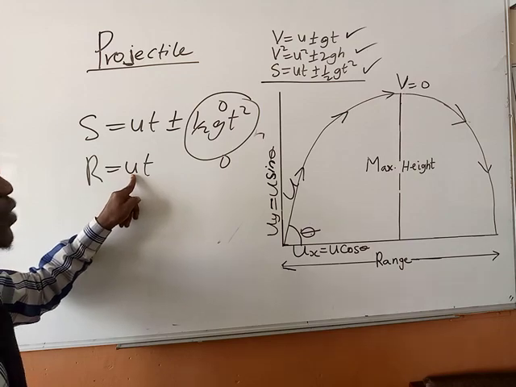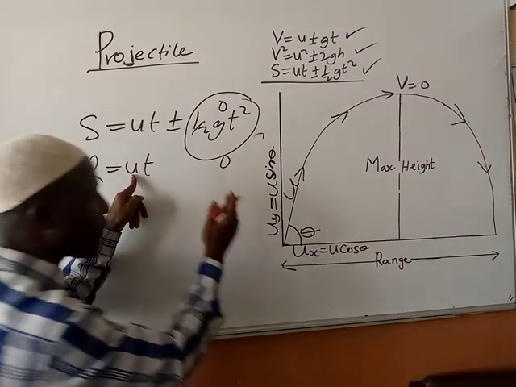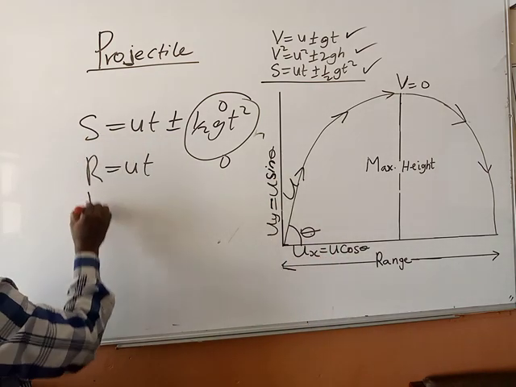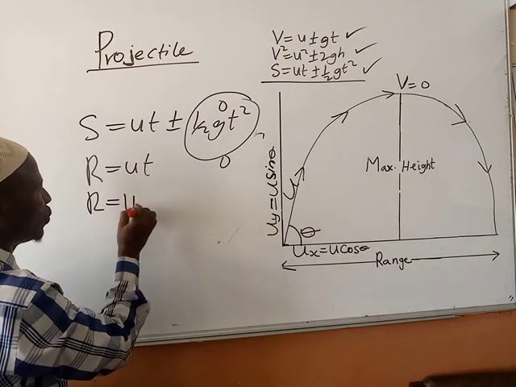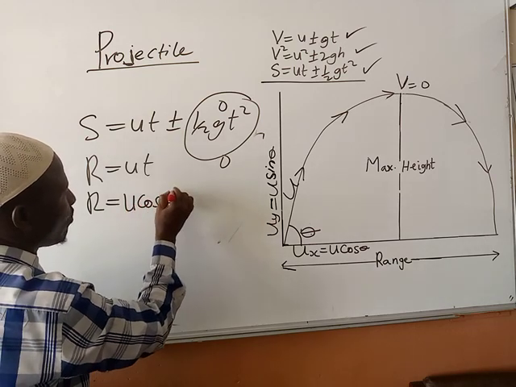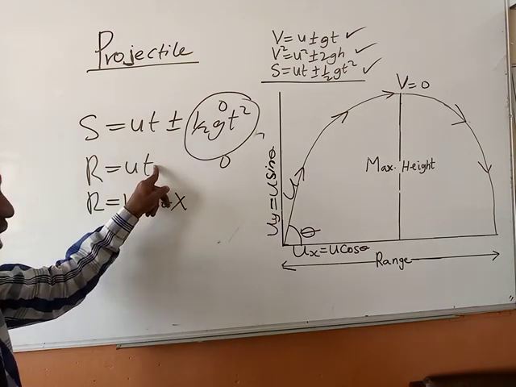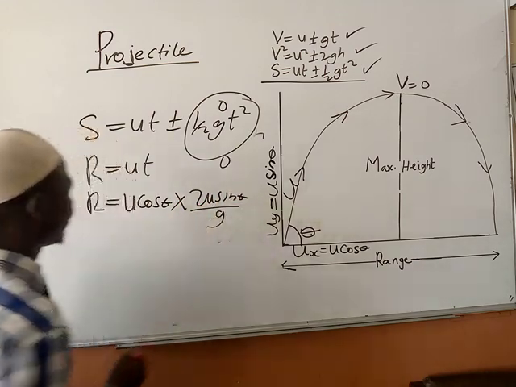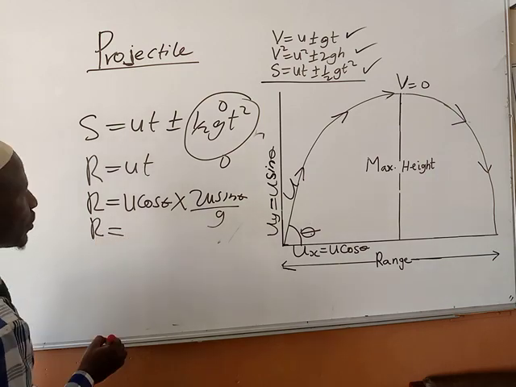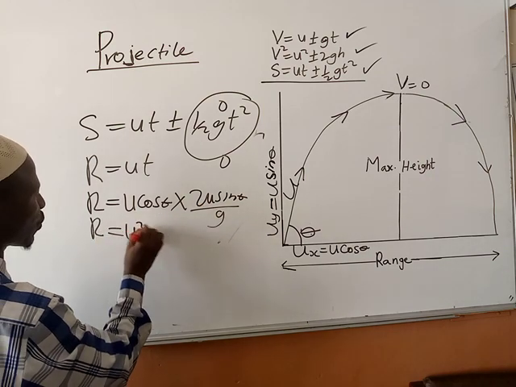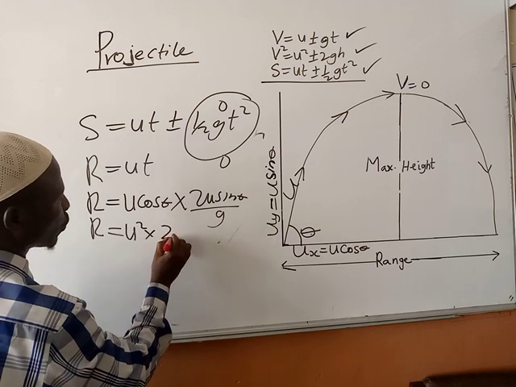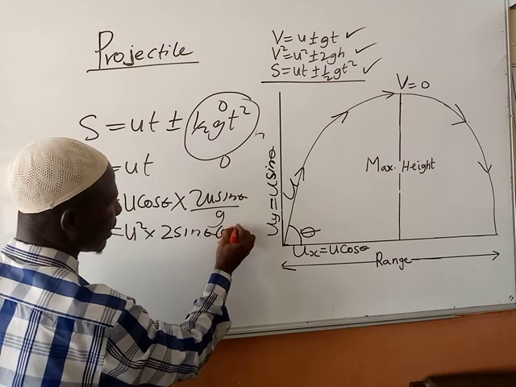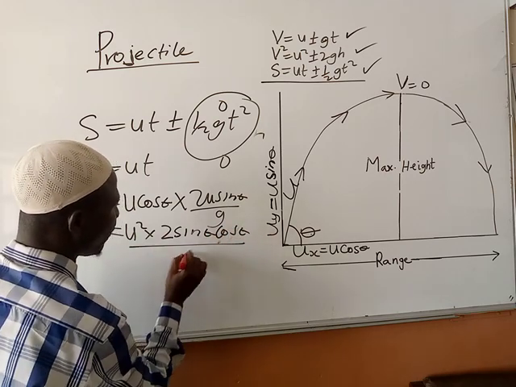Then u will be replaced with what? The horizontal component of the initial velocity, which is u cos theta. Therefore, our range is equal to u cos theta multiplied by total time taken, that is 2u sin theta over g. Therefore, range is equal to u multiplied by u, you have u squared, then times 2 sin theta cos theta, everything over g.